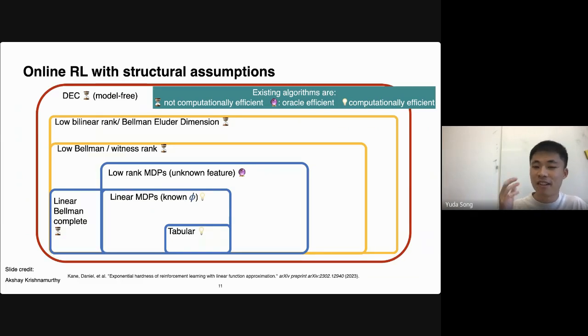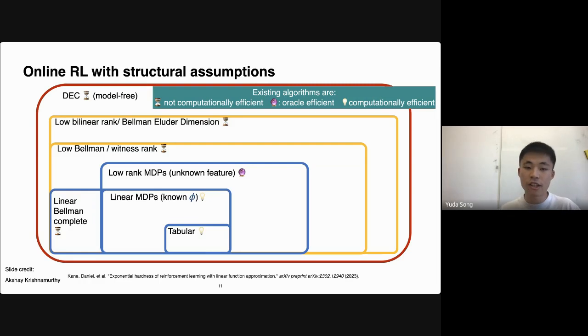These are the known statistically tractable problems. However, we only have an efficient algorithm, an Oracle efficient algorithm, up to the low rank MDP setting, at least at this point. And there is a recent result from Daniel, Sihan, Shahar, Gaurav, Chaba, and Gellert that shows some exponential hardness in computation in the low bilinear rank model.